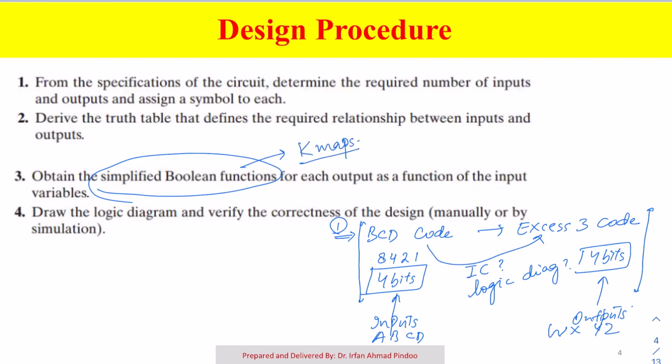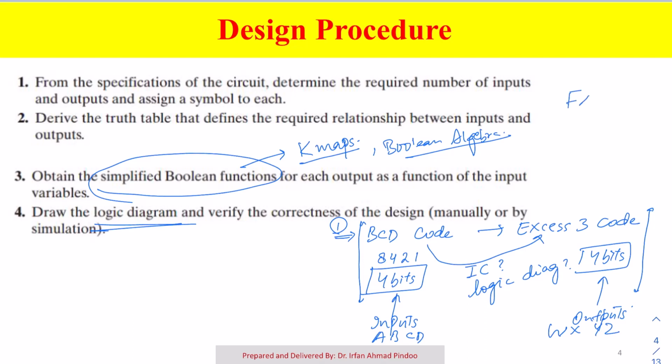Otherwise, if the table is very simple, you can simply use Boolean algebra, and the aim is that we will solve it and get a simplified equation. The last thing is, once we get the simplified equations, we will create a logic diagram.